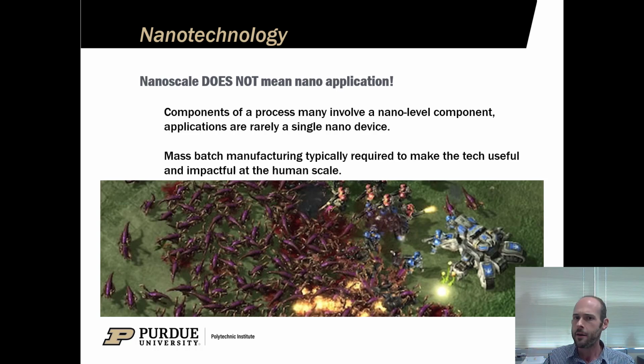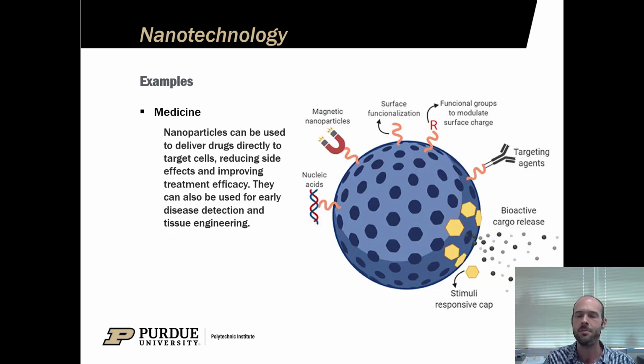So nanoscale does not mean one nano-sized application. You need large scaling of a nano element to be applied to something that's actually going to impact us and be meaningful at the human scale. So for example, in a few areas, nanotechnology can be involved and scaled to a point that it's useful.